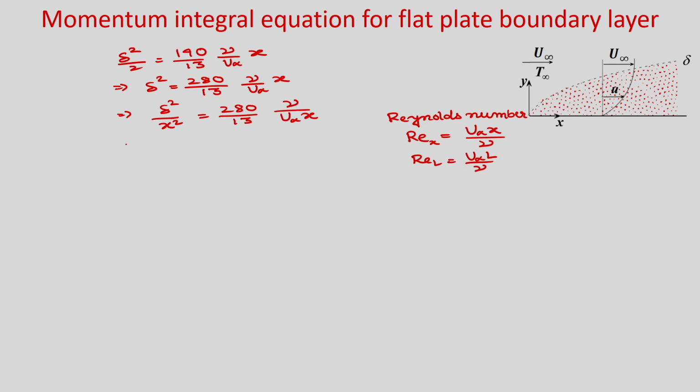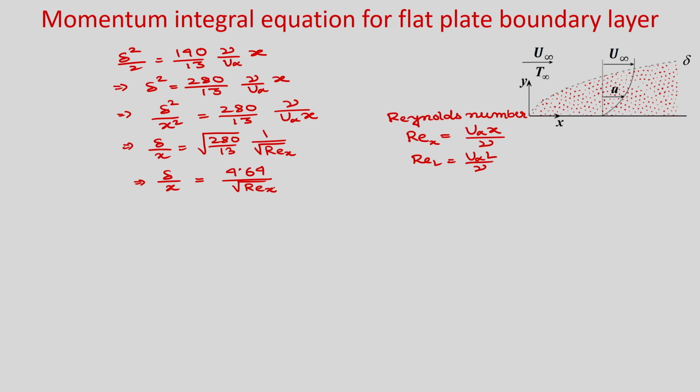If you put it here, you can write delta by x as root 280 by 13 into 1 by root Re x, or you can write delta by x is equal to 4.64 by root Re x.